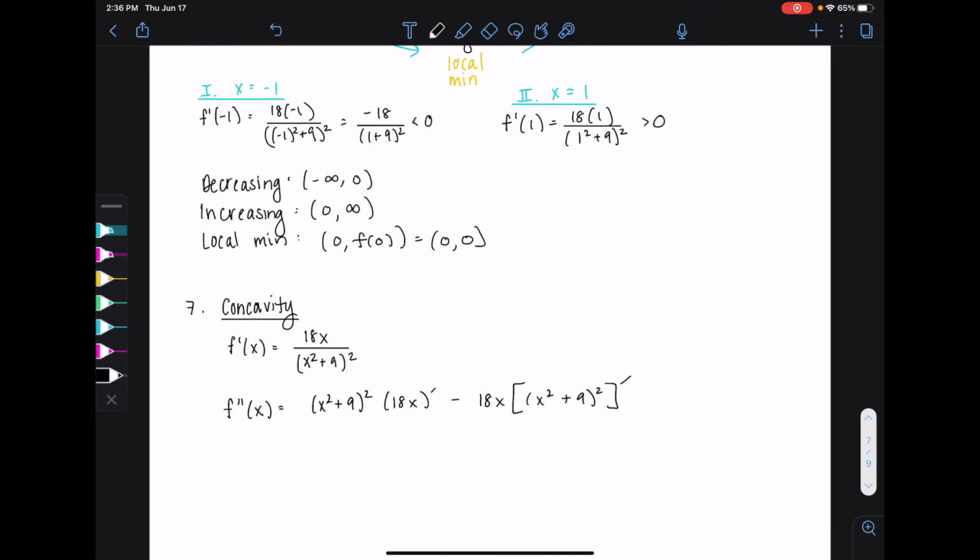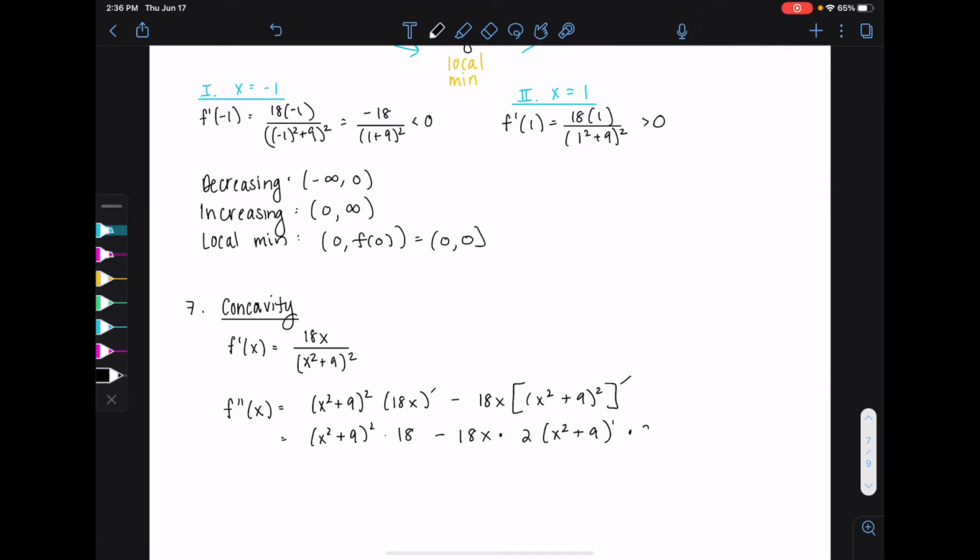Okay. So this gives us x squared plus 9 squared times the derivative of the high, which is 18, minus 18x times the derivative of this: we have to bring the 2 down, decrease the power by 1, and then that becomes the first power.